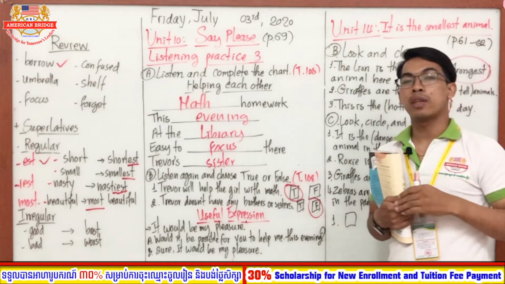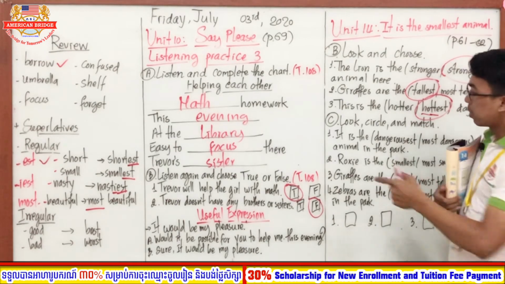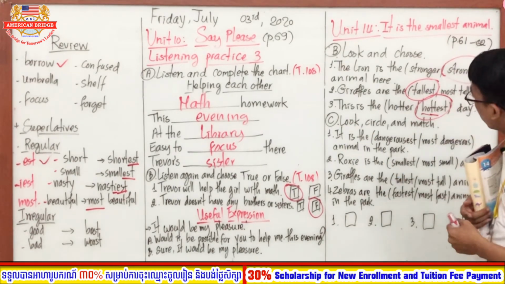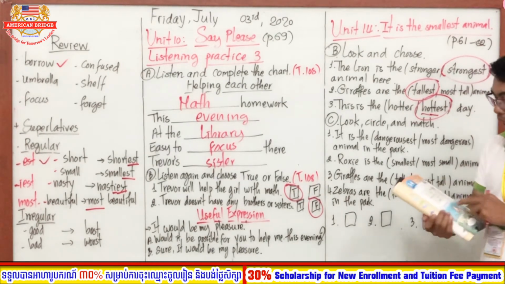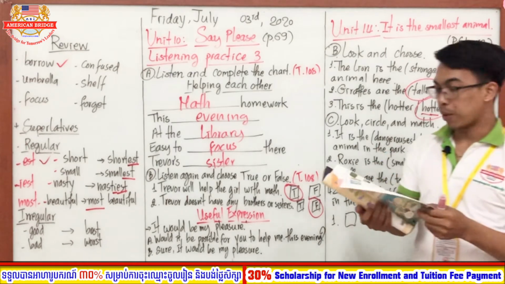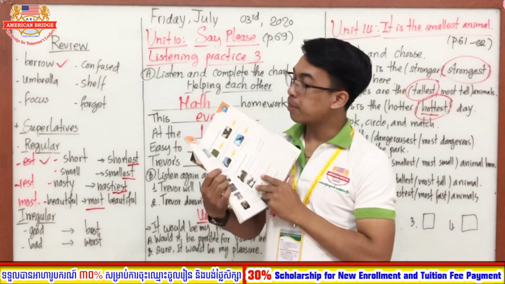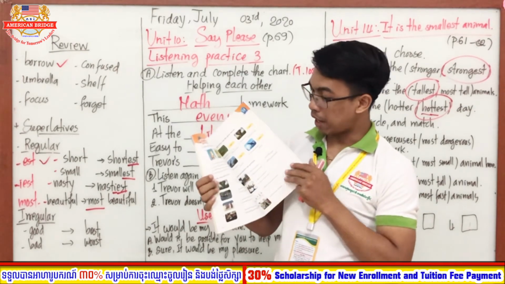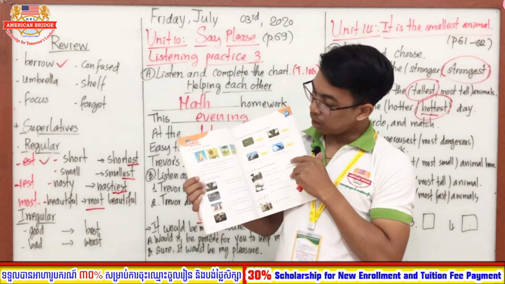So everyone, now let's move your attention to the next section, which is section C. Look, circle, and match. You can open the next page, page 62. You have to look at the sentence and also the picture.